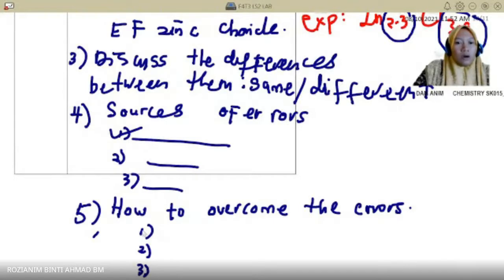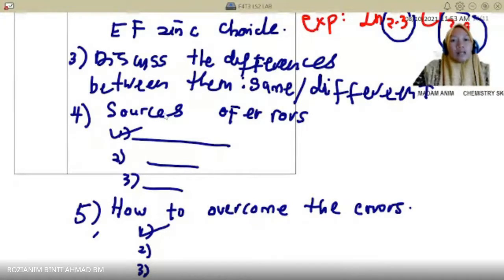So how you overcome the error? Nak buat apa? You kena stir lah. So stir the mixture of the zinc and hydrochloric acid to make sure the solution is homogeneous before heating them. So dia akan elak lah. Okay, kita akan dapat exactly mass.